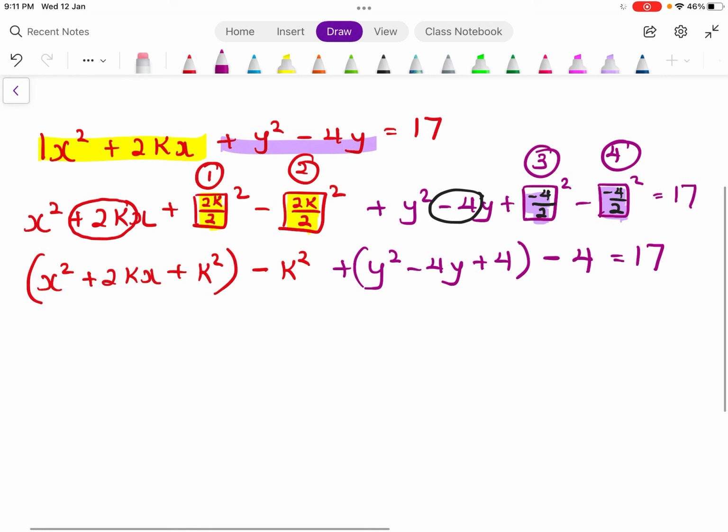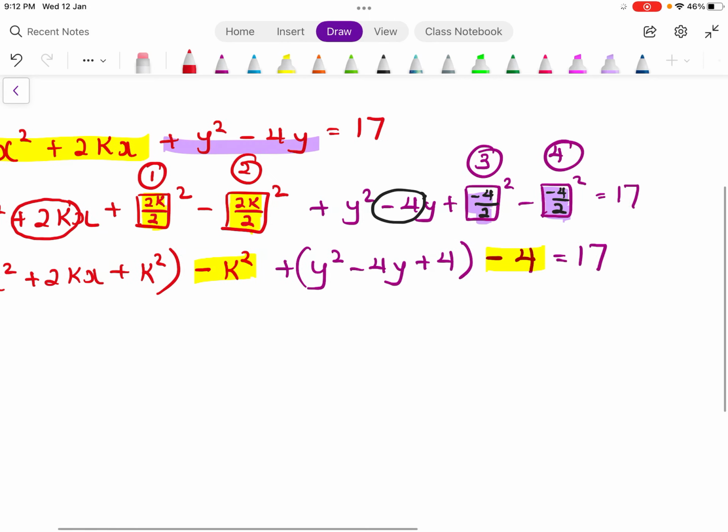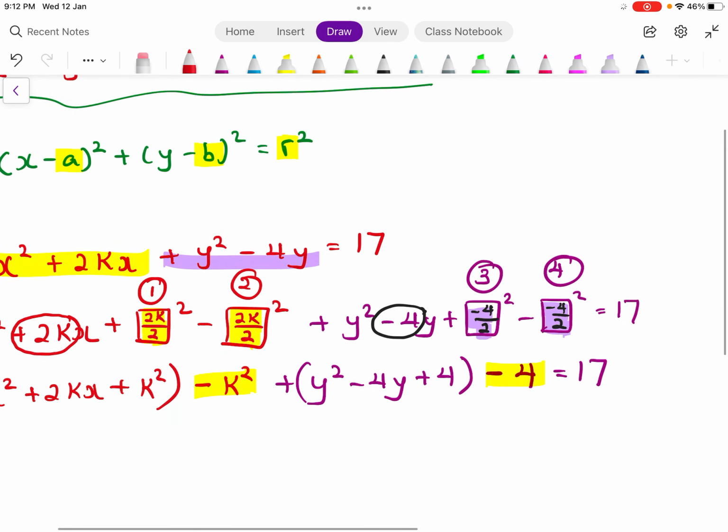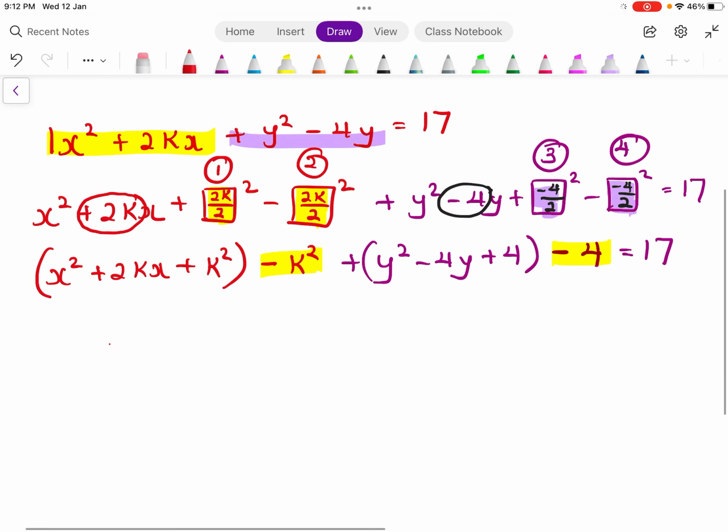So of course, because you want to find the value of k, and they say that my radius is 5, how do I know the radius from this equation? Very simple. First thing first, you move this to the right hand side. So when you move everything to the right hand side, you'll get something here.